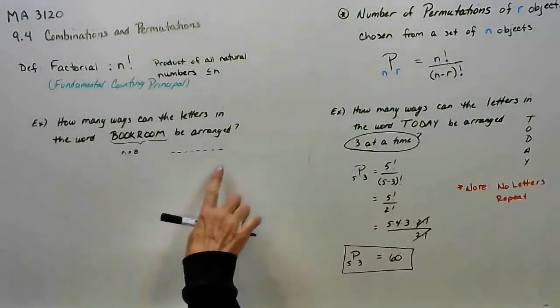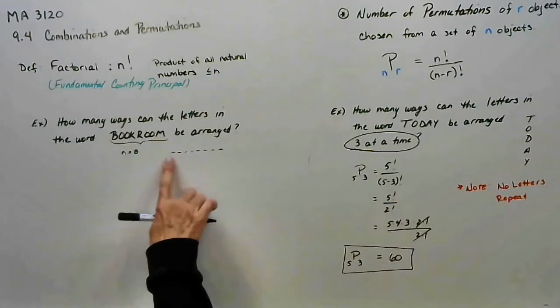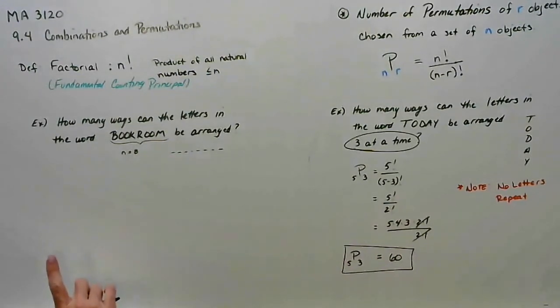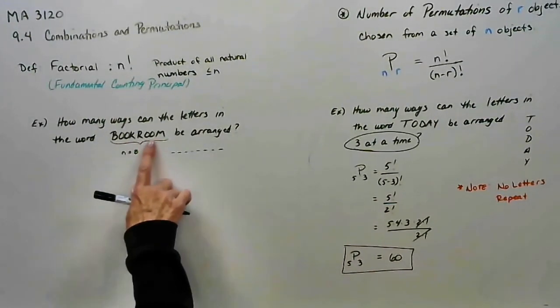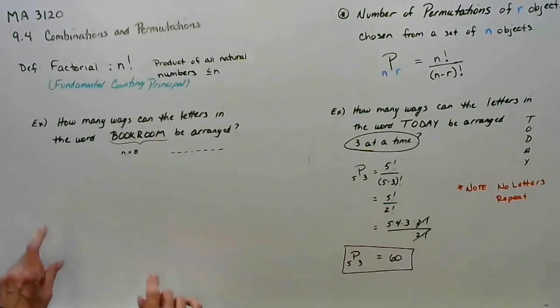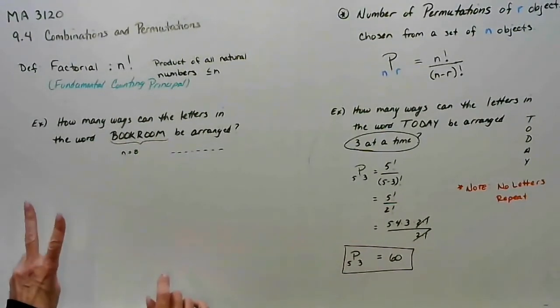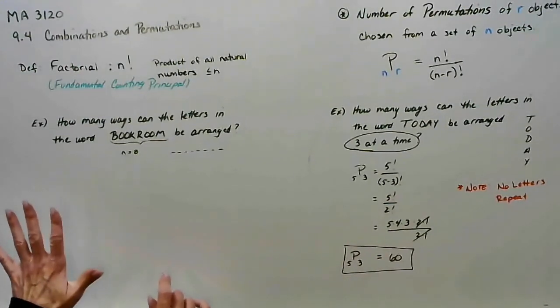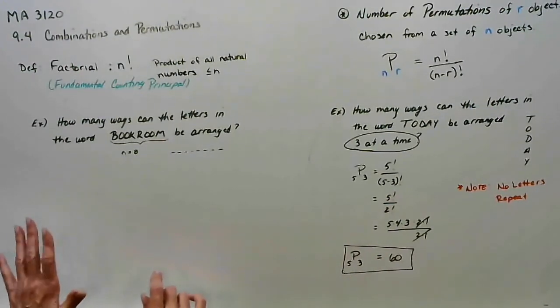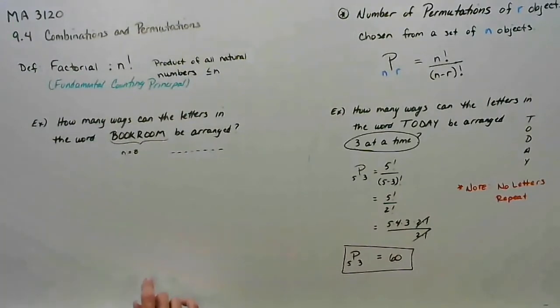So for the very first letter, how many do I have to choose from? Do I have 8? No, I don't, because some of these repeat. The O repeats. So I actually only have the letter B, the letter O, the letter K, R, and M. Okay, so that's something to keep in mind. We don't have all of them.